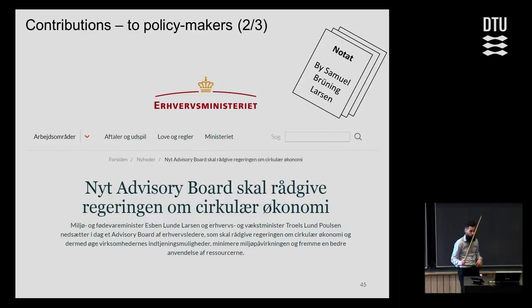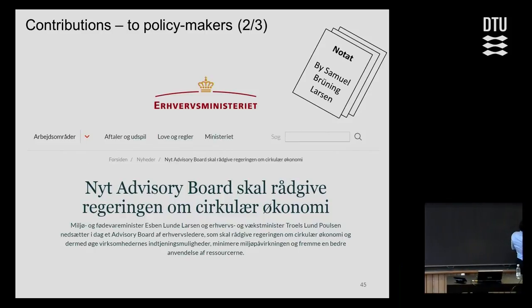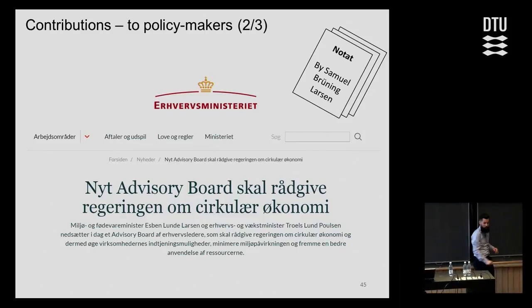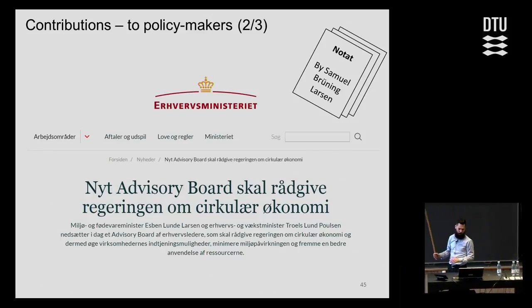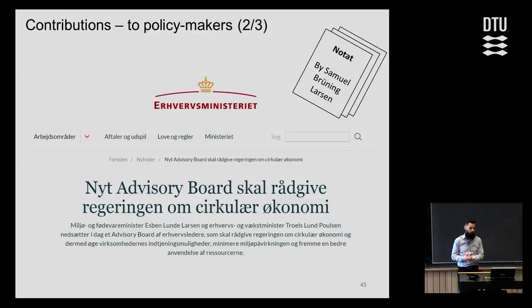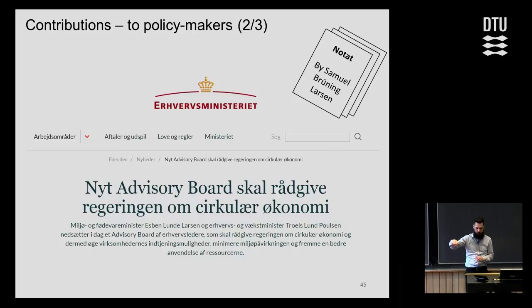Now, the Danish government, 2 ministries, the Miljø- og Fødevareministeriet and the Erhvervs- and Vækstministeriet, have established an advisory board that will advise the government about how to support the transition to a circular economy. They are delivering a report in June to the government. So we'll see whether that will be implemented or whether it will be placed in a syltekrukke. I'm not sure how to say that in English. A jar where stuff is kept for a long time.